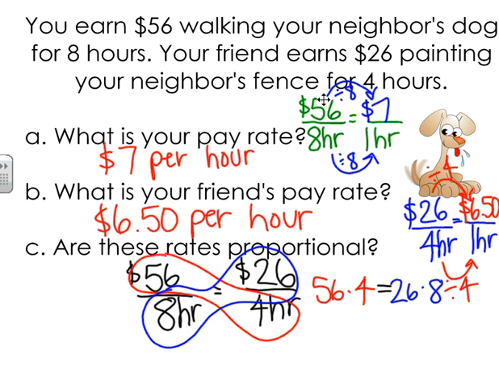We're going to simplify. 56 multiplied by 4 is 224. Then when we do 26 multiplied by 8, we get 208. And since those two amounts are not equal, I'm going to put a line across the equal sign to show that they are not equal. Again, I would say, no, these rates are not proportional.